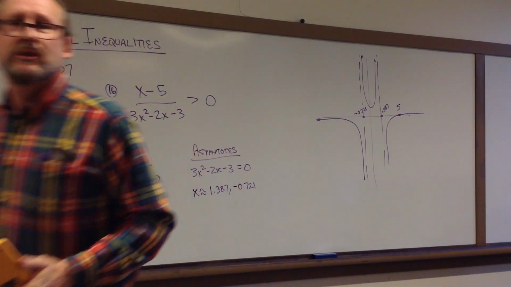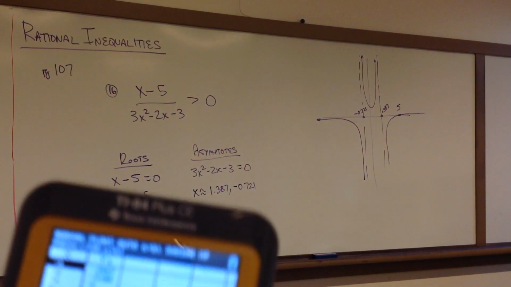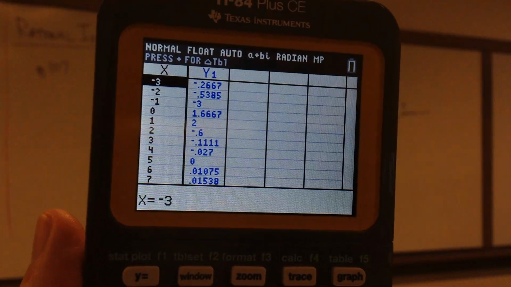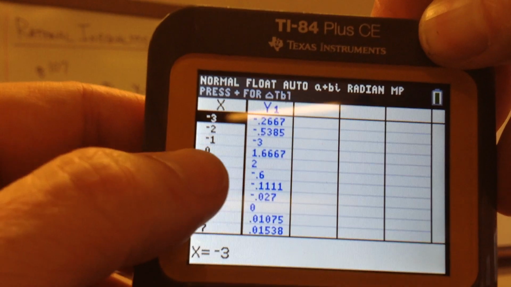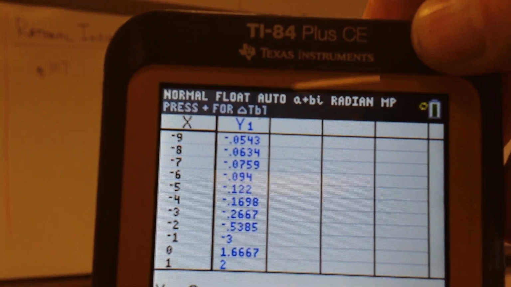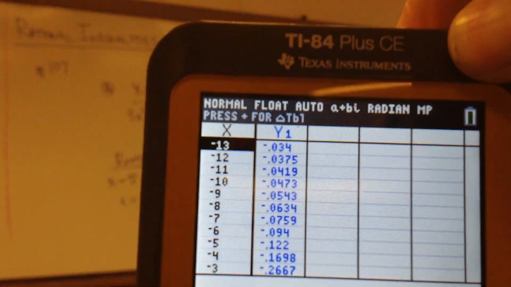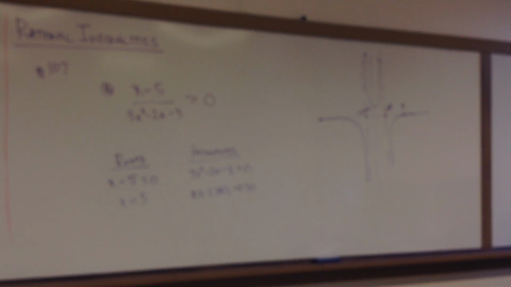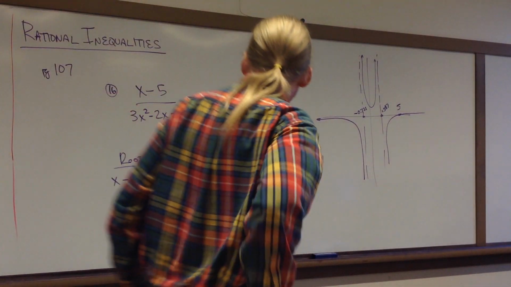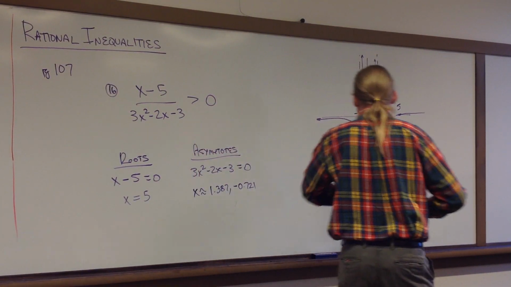Here, actually, while I've still got it up, we'll take a look at that. And you can see for these negative x values at the top here, those y values are all negative. And if you start scrolling up, you can see they just stay negative.